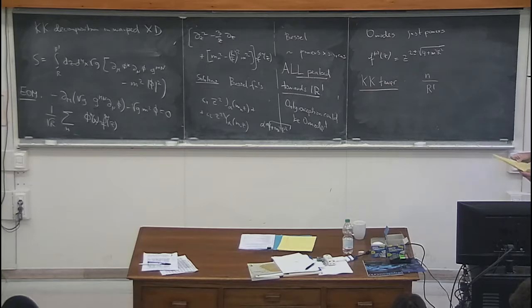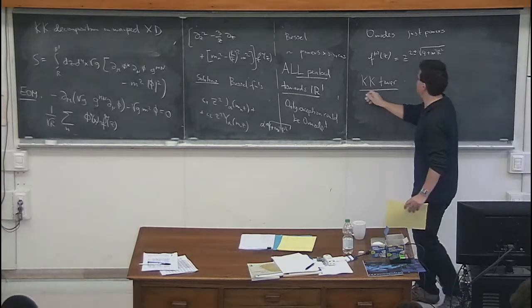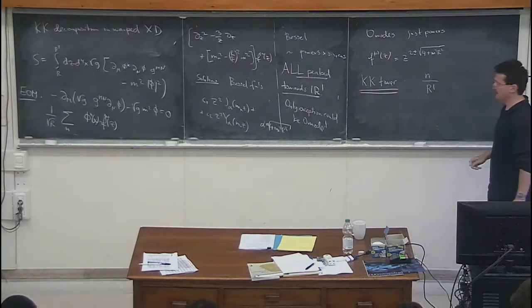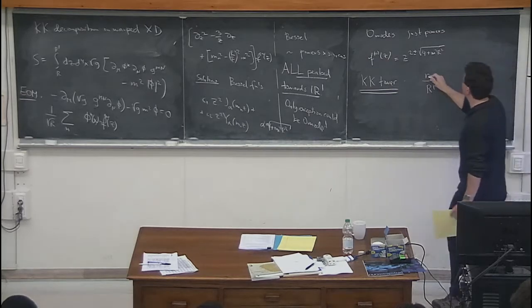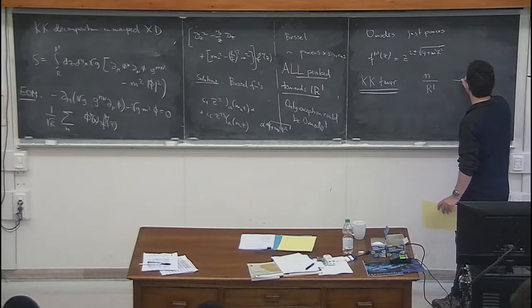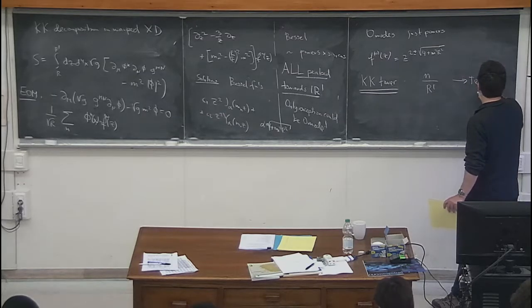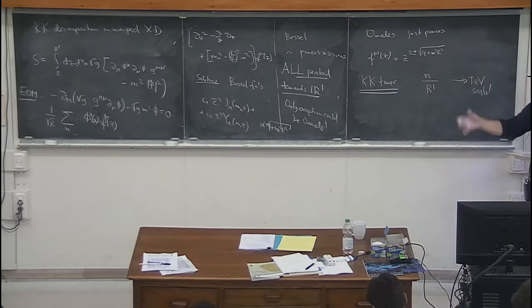Again, there's a KK tower, and the important thing is that the steps in the KK tower are going to be given by the TeV scale, because all of these modes are exponentially localized on the IR brane.